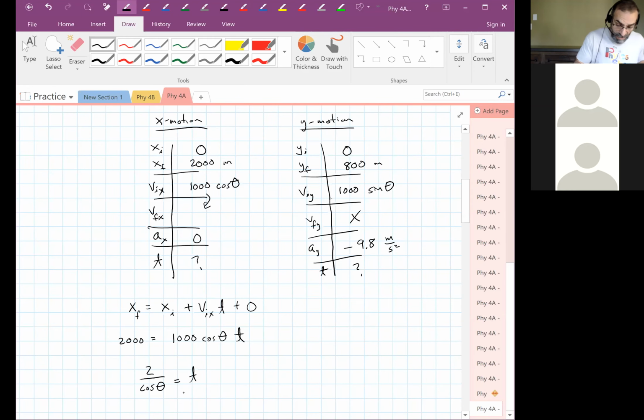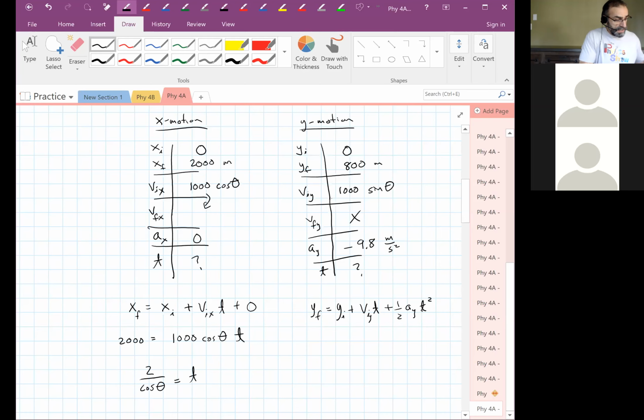Then in my y direction, I use the same equation, right? I'm looking for an equation that's missing v final. So I've got y final is y initial plus v initial t, that's in the y direction, plus 1/2 a t squared. And so what do I get?